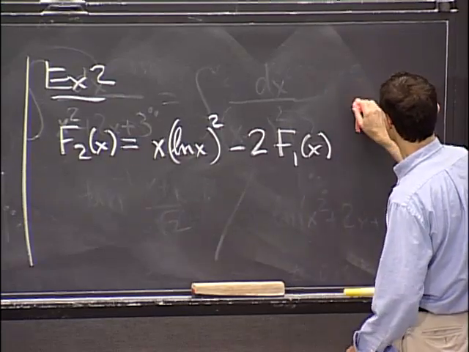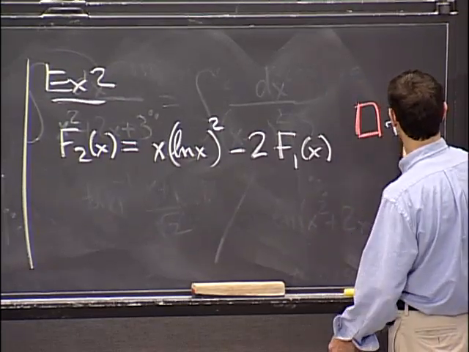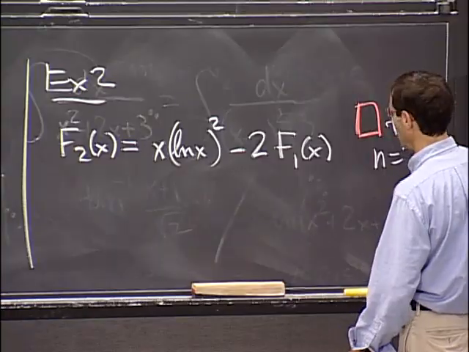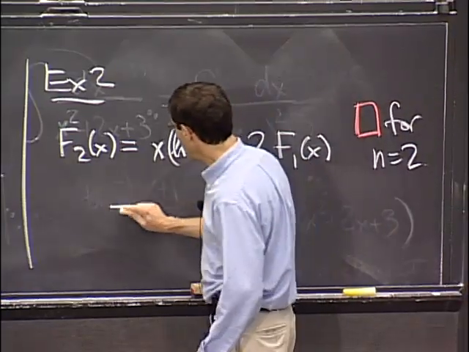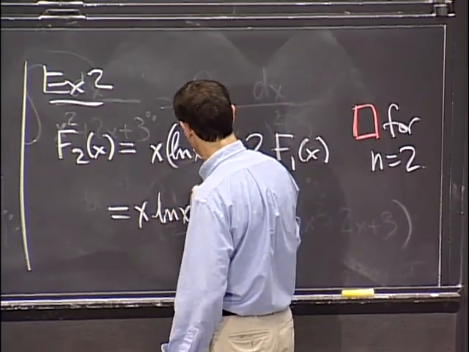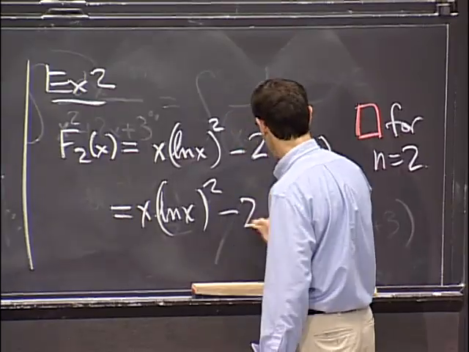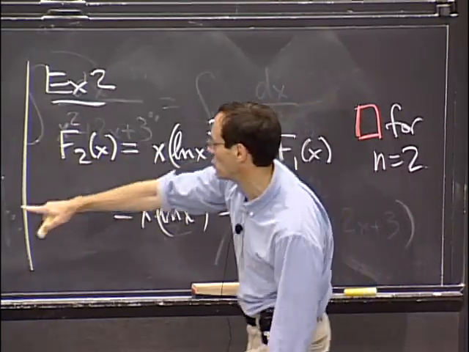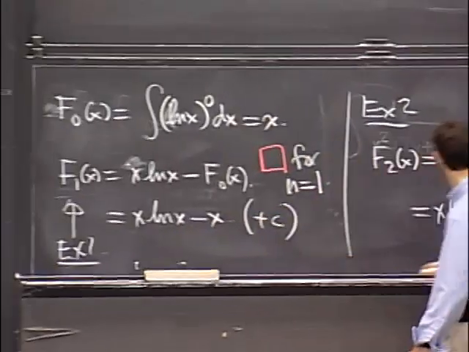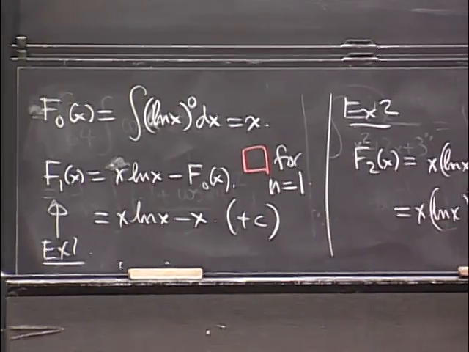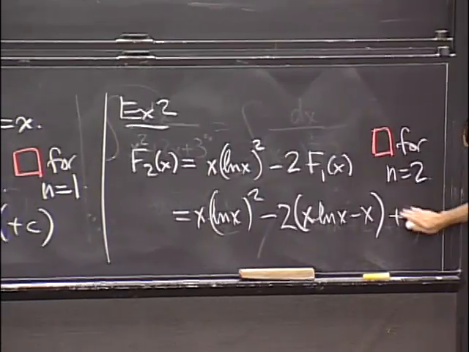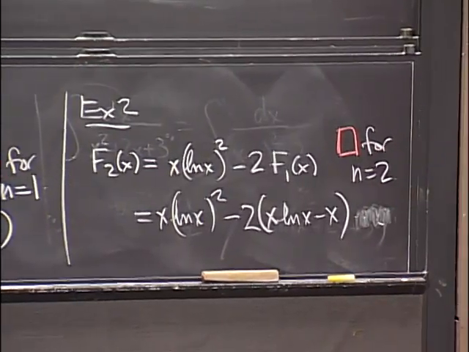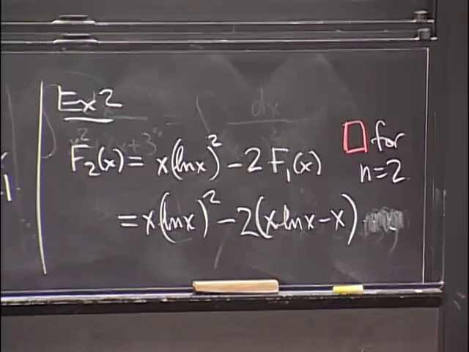Again, this is box for n equals 2. And if I plug it in, what I'm getting here is x log x squared minus twice this stuff here, which is right here, x log x minus x, if you like, plus c. So I'll leave the c off.